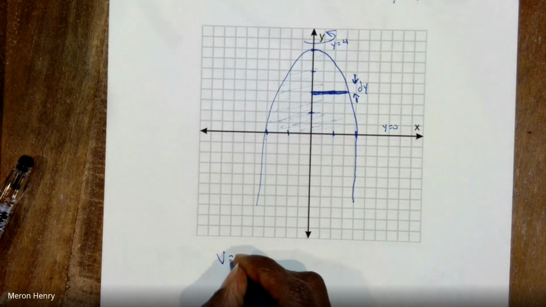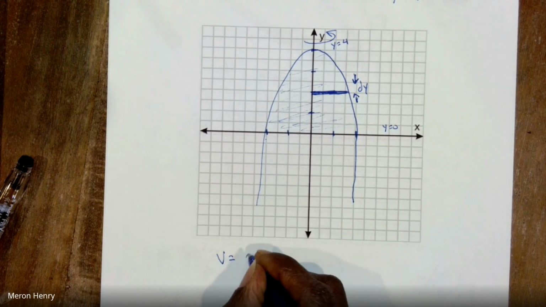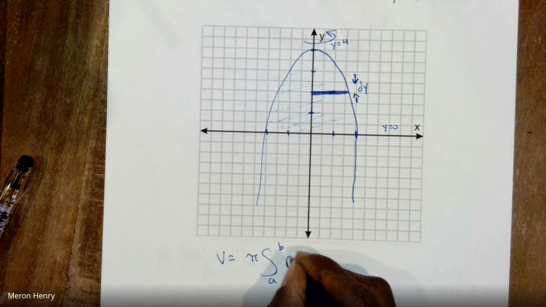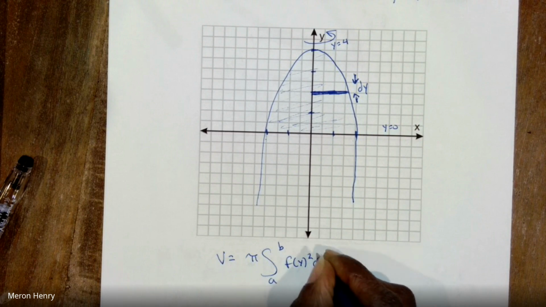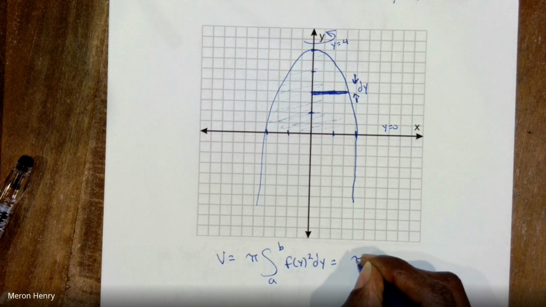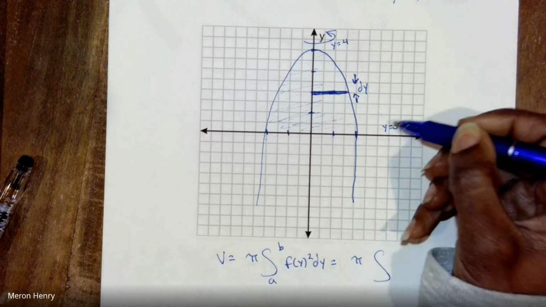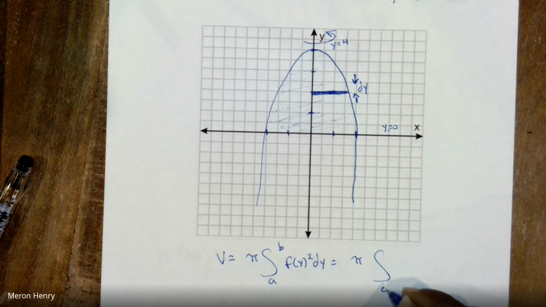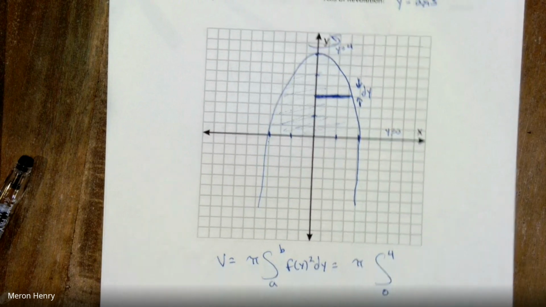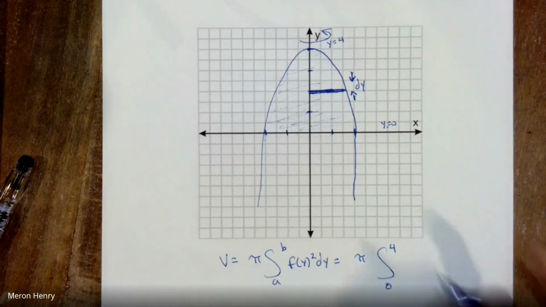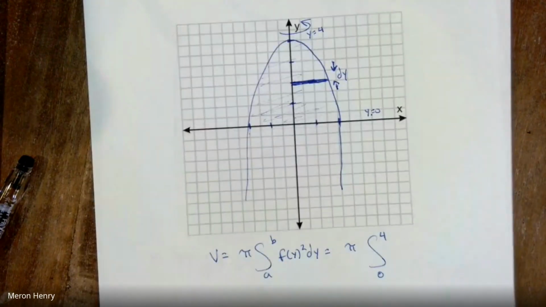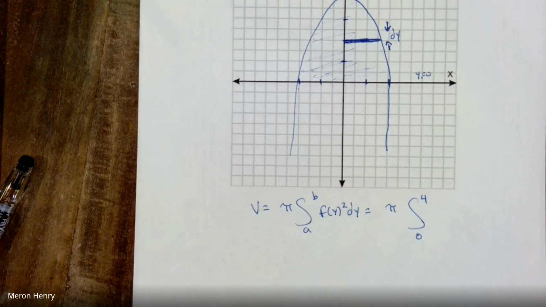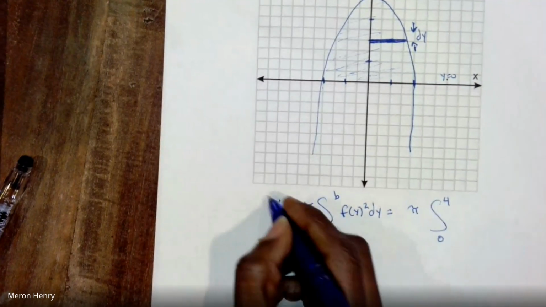So our volume, again, is going to be pi times the integral from a to b of f of y squared dy. In this case, it is from y equals 0 to y equals 4. And we need to solve, this is our radius, right? We need to solve for x so we can have our equation as a function of y.